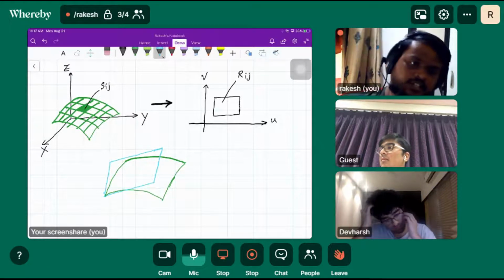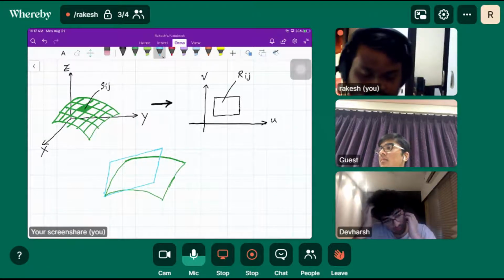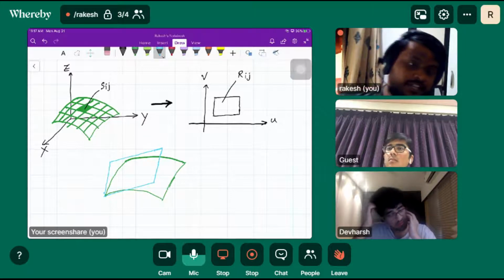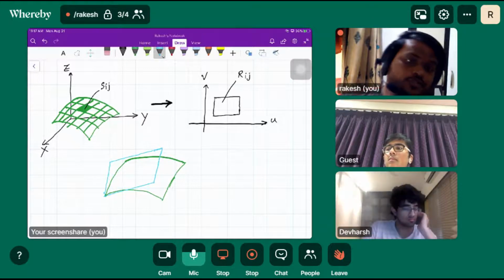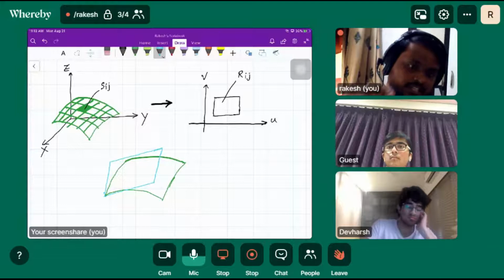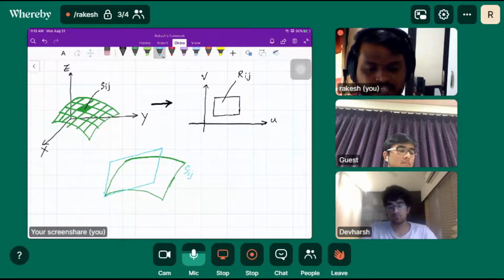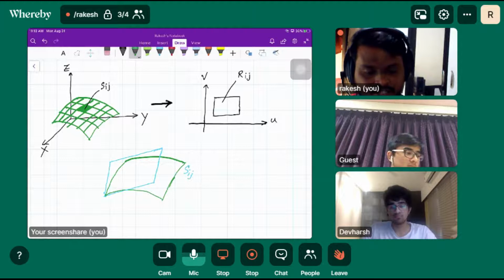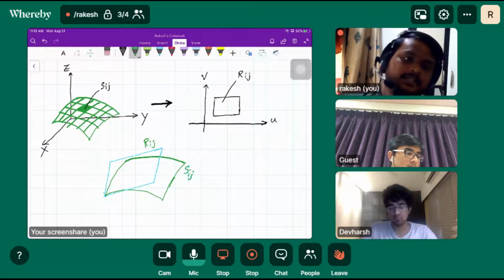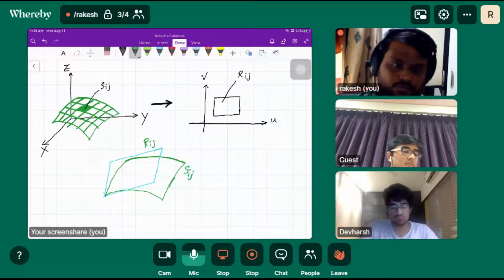So this is the corresponding parallelogram we can find. So we can find the area of this parallelogram that corresponds to that small area Sij, whereas it corresponds to region Rij. Yes, you've understood so far.